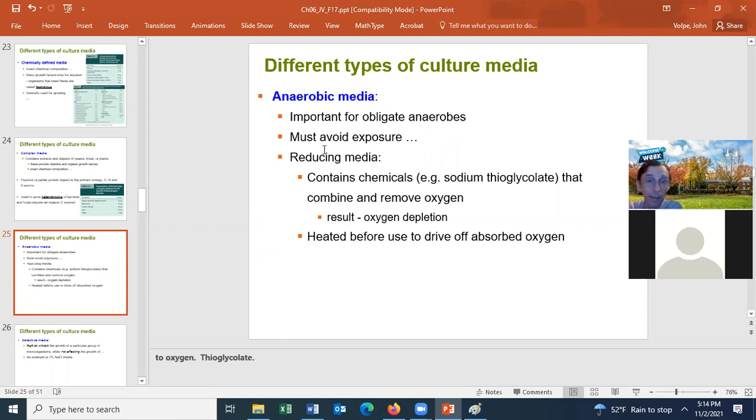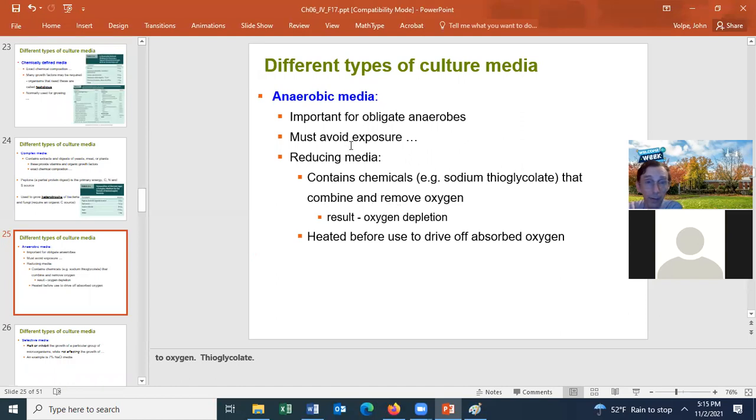An anaerobic media has a reducing agent in it, that is a chemical such as sodium thioglycolate, that removes the oxygen from the media. So sodium thioglycolate, at least at the bottom of the tube, will be oxygen depleted.